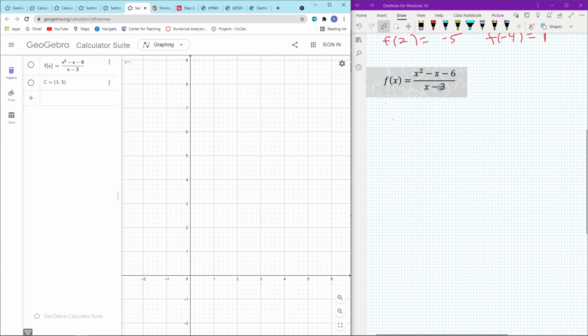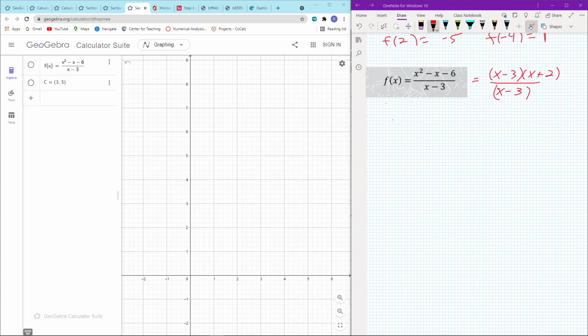So we can factor the numerator to see what that might be. The numerator easily factors into (x - 3)(x + 2), and in the denominator we have x - 3.